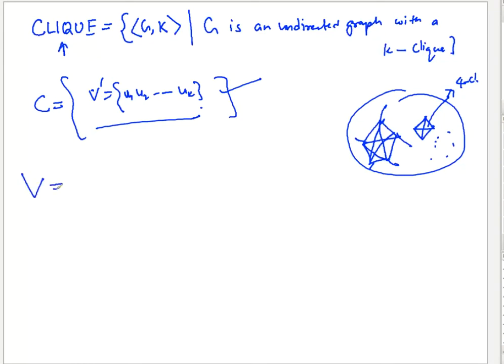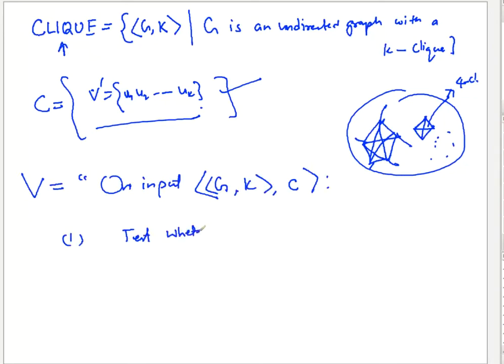The verifier will look like this: on input G, K and the certificate C, what are you going to do? First, you are going to test whether each element of C is a member of G or not.